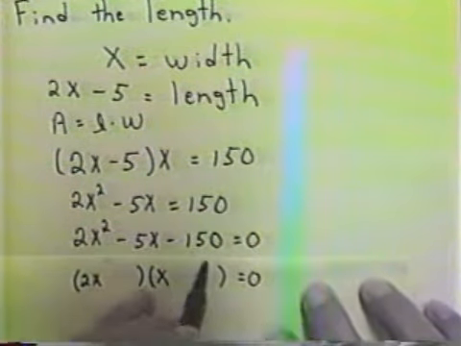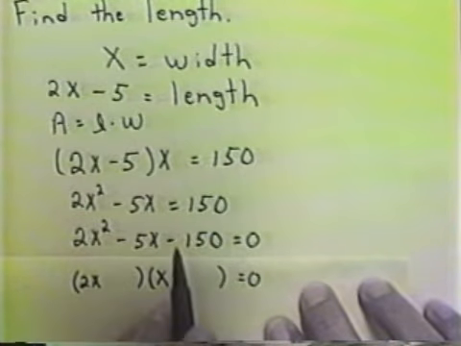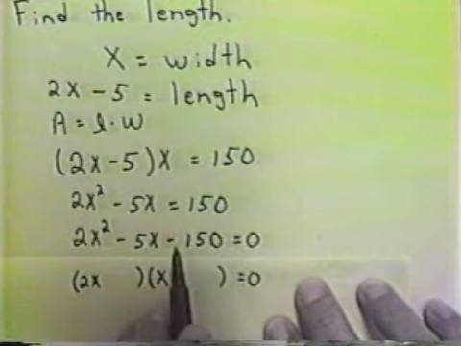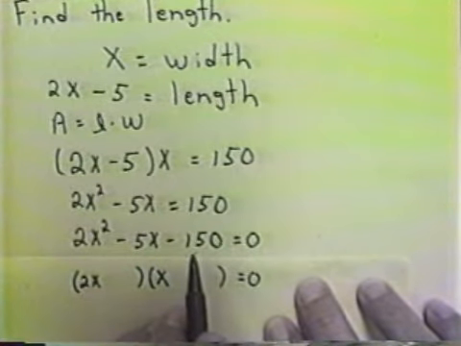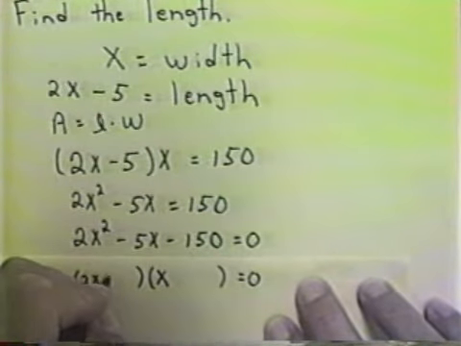Now let's see how we can get a negative 150. We know that we can multiply negative 15 times 10. We can do it several ways, but I think what works will be a positive 15 times a negative 10. Let's try that.